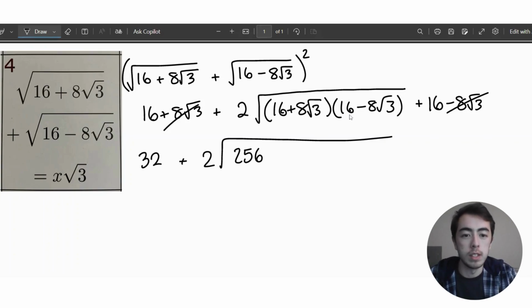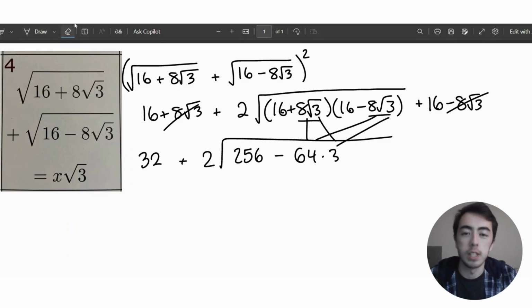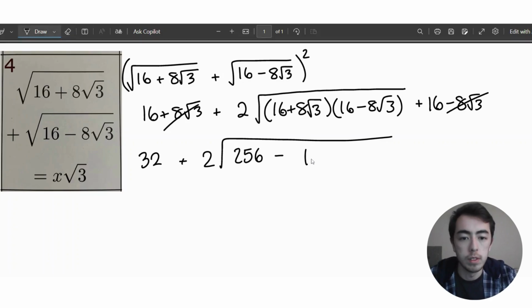So I'm just left with minus 64 times 3. When I multiply these two together, I can combine the 8s, and then root 3 times root 3 makes just a 3. Okay. 64 times 3, that's 192.